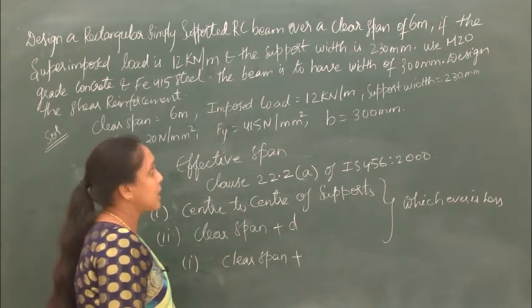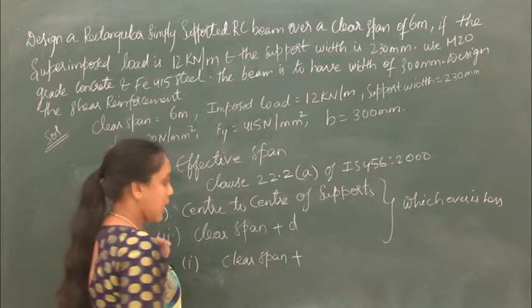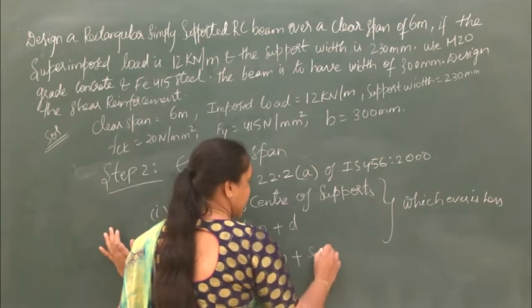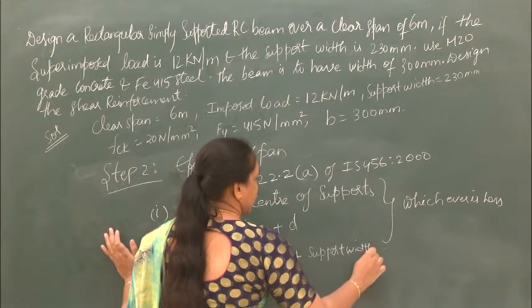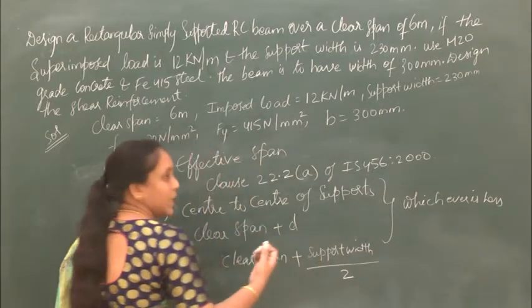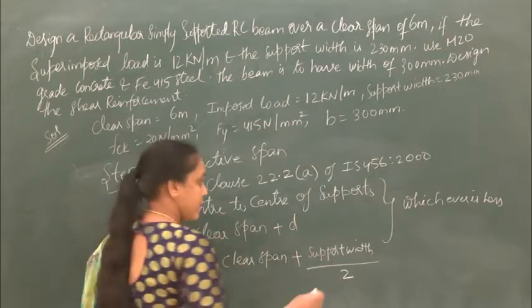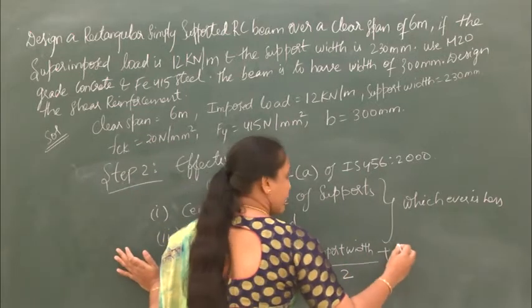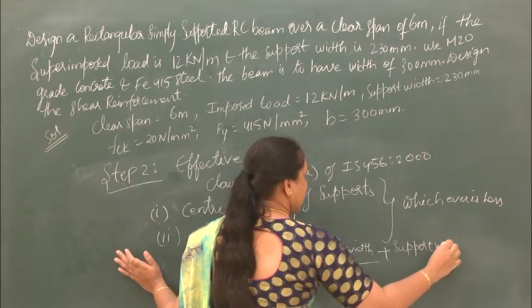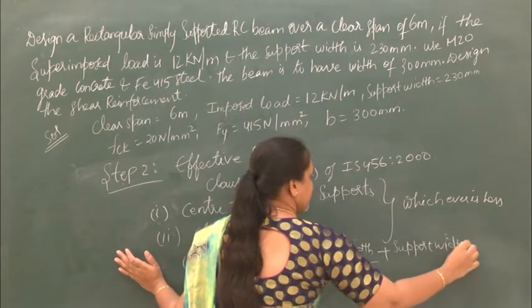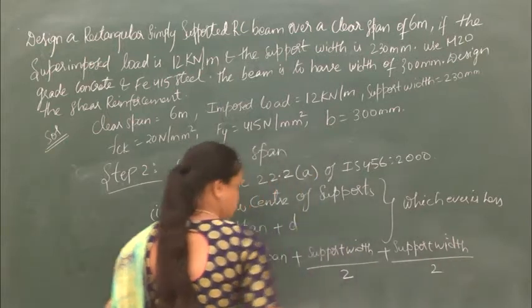That is support width divided by 2, that is one support half, plus the other side half also, support width divided by 2.